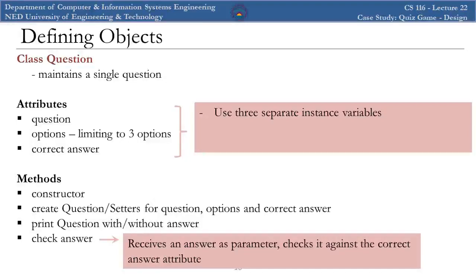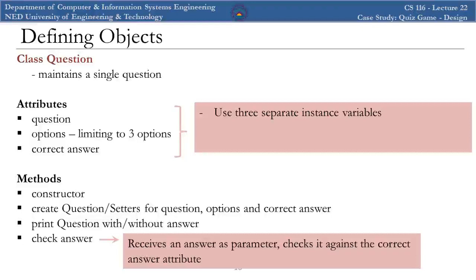Now for options, again, you have two options. Like you can make a different instance variable for each of these three options, like option 1, option 2, option 3, or you can maintain all these three options in a list. I make a list of 3 items, and I store these 3 options in that list. So it's up to you how you define your instance variables.